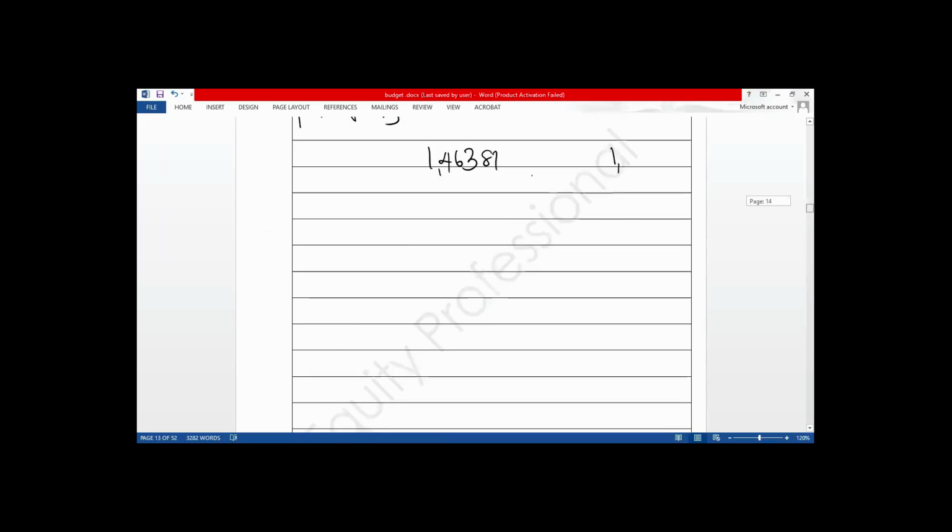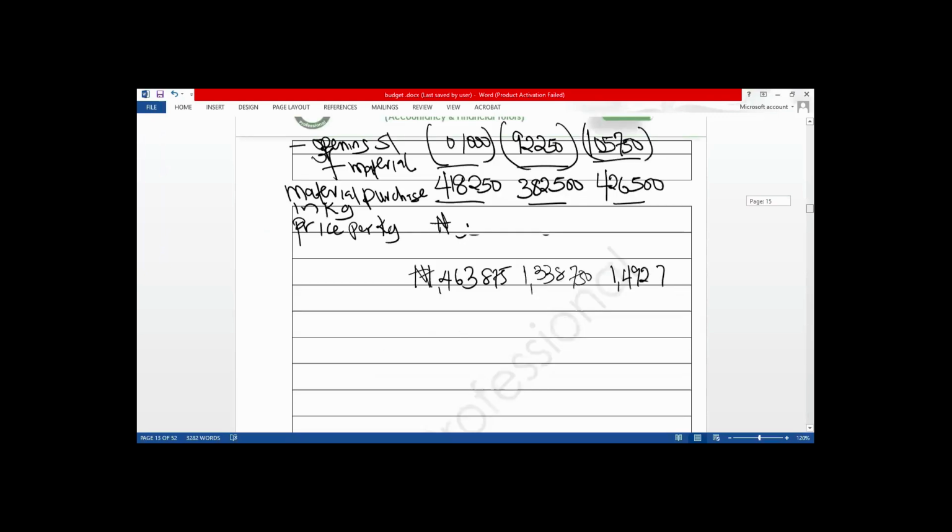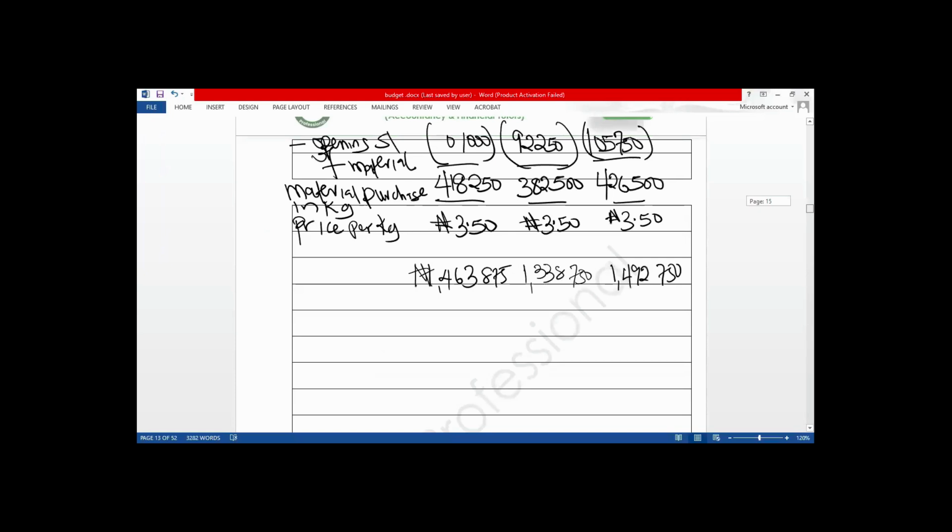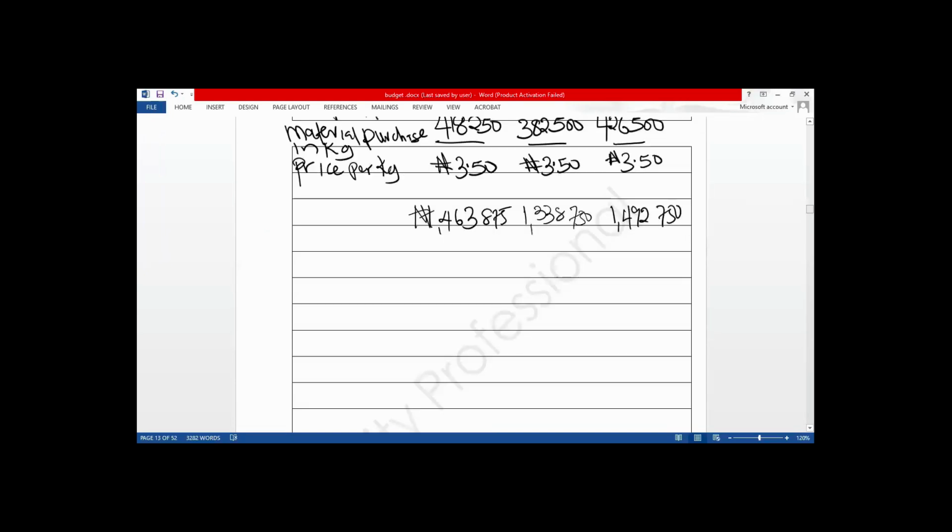Requirements C now. Cash budget. Use 3 months.